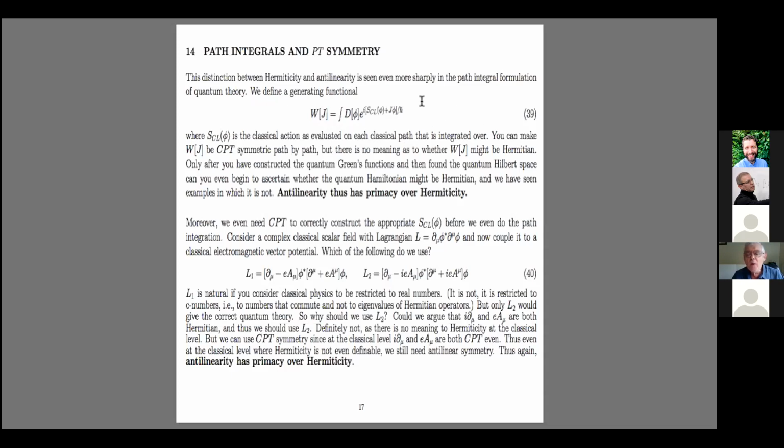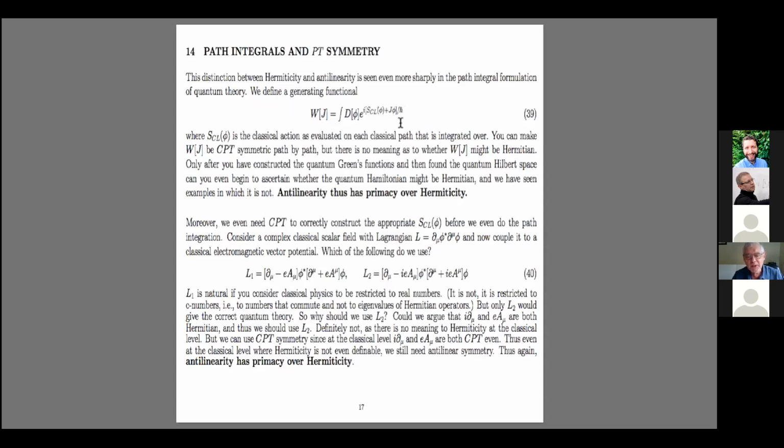There is no reference whatsoever in this expression to anything being Hermitian. You construct from doing the derivatives with respect to J of W the quantum Green's functions, then you construct the quantum Hilbert space, and only then can you determine whether the quantum Hamiltonian might be Hermitian. So the hermiticity doesn't appear in the path integral.